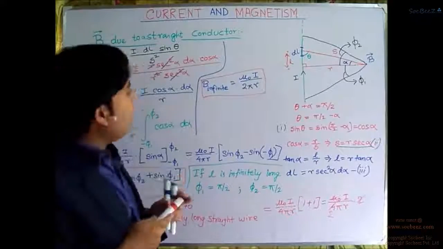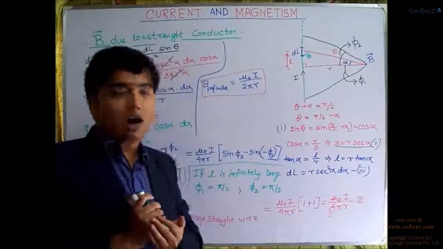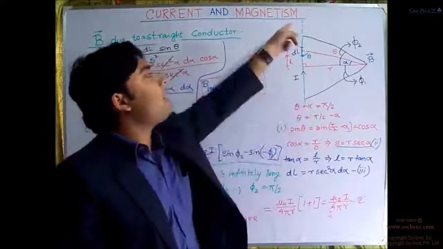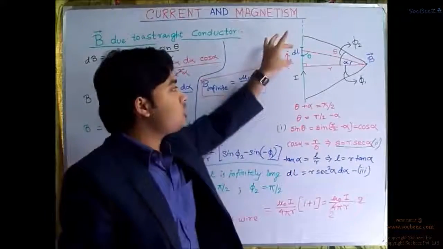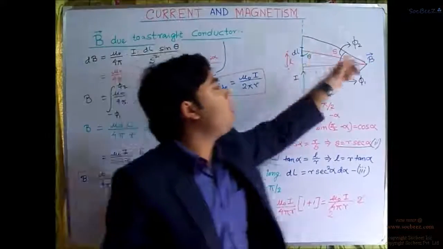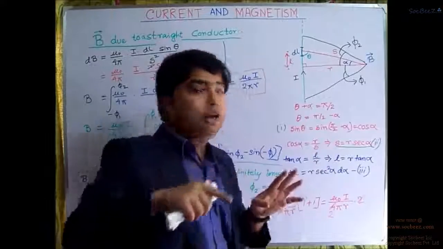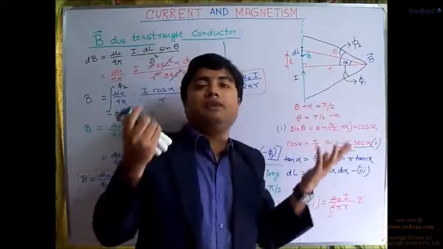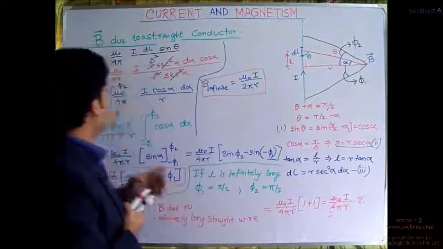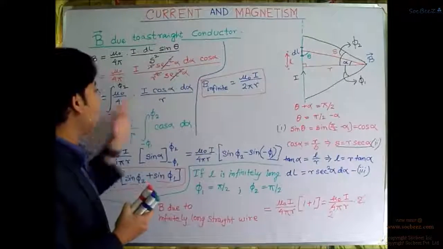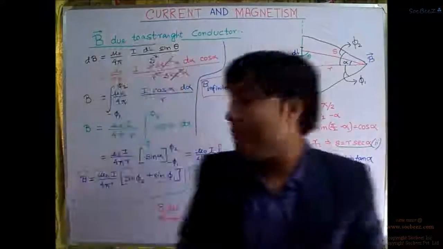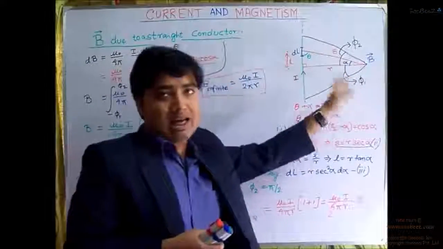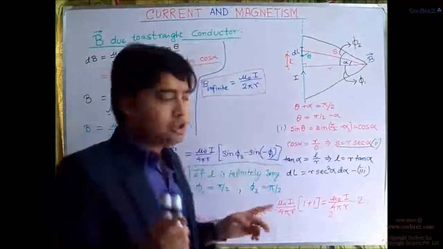So in this particular lecture we have discussed how to find the value of B at a given point for an infinitely long straight wire, by taking an element dl, finding dB, and then integrating over the whole length, which means that the integration of dB will give us the total B. We integrate it over the entire length, and we find the value of B as mu naught I divided by 4 pi r multiplied by the sine of this angle plus the sine of this angle, the upper side angle and the lower side angle.